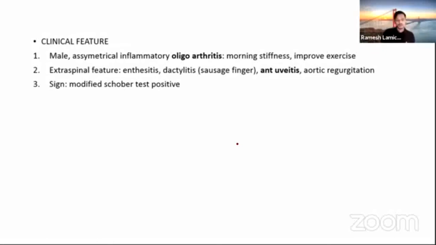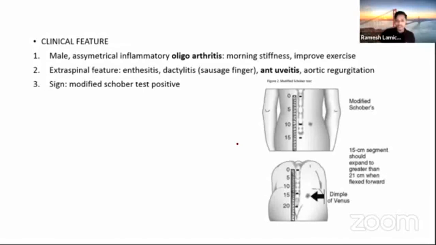So we do it by the modified Schober test, which is positive in this case. এটা হচ্ছে কি, আমাদের এখানে দেখো ডিম্পল, একটা ডিম্পল থাকে পিছনে। সো ওই ডিম্পল থেকে উপরে আমরা 10 সেন্টিমিটার একটা লাইন দিই, আর ওই ডিম্পল থেকে 5 সেন্টিমিটার নিচে একটা লাইন দিই। সো টোটালটা হয়ে গেল 15 সেন্টিমিটার, রাইট? আর পেশেন্টকে বলবো ফ্লেক্সন করার জন্য। ফ্লেক্সন করার পরে নর্মালি ইট শুড বি গ্রেটার দ্যান 21 সেন্টিমিটার, মানে 6 সেন্টিমিটারের উপরে বাড়তে হবে। If it is less than 21 centimeters, then we call it there is a restriction, that is modified Schober test positive.